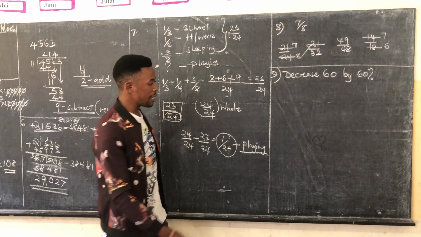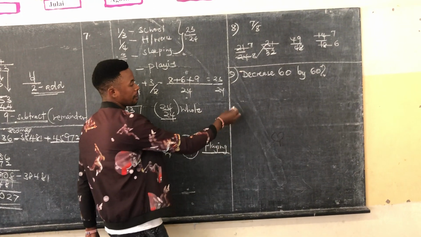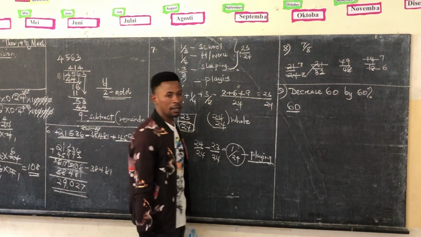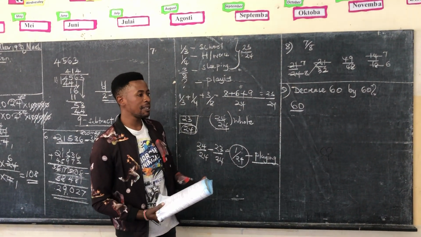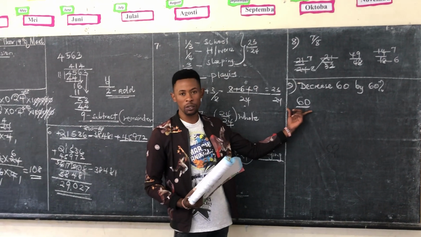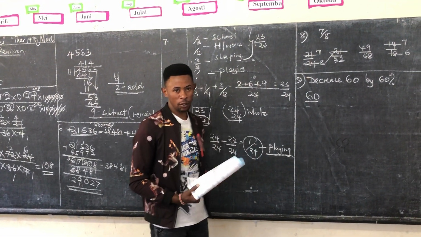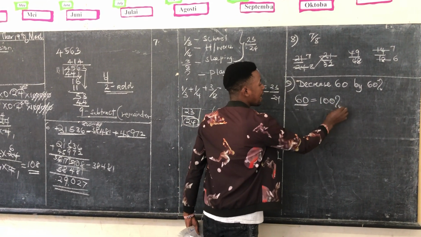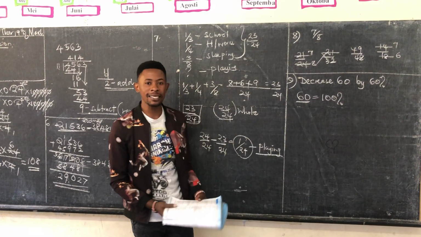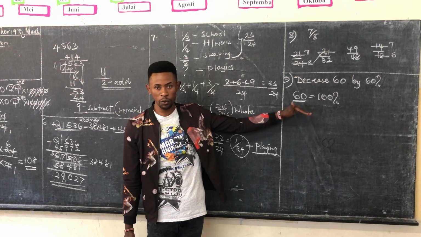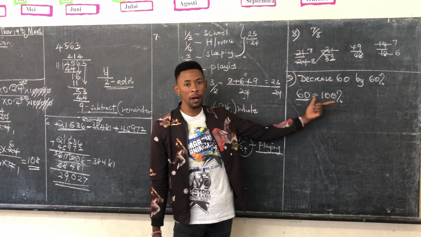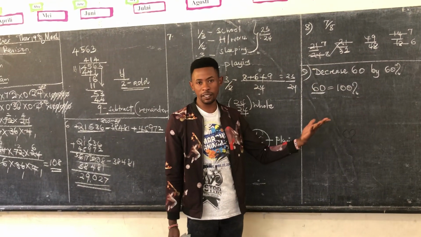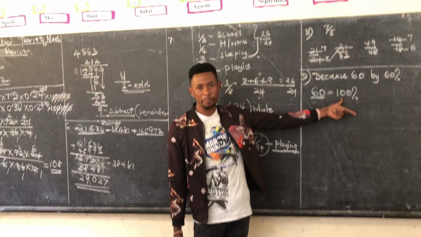What I always tell my learners is that this is the number we are decreasing. So right now, 60 is at its full amount or full quantity, so 60 is 100%. You always say that full amount is 100%.